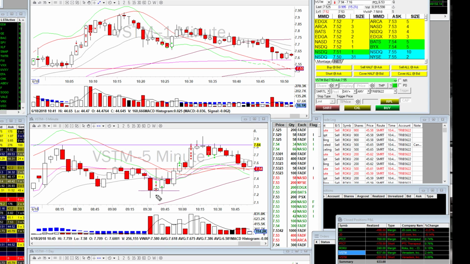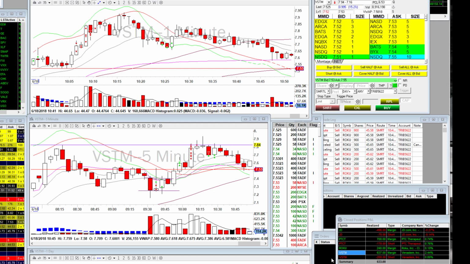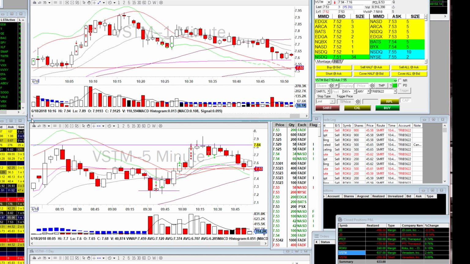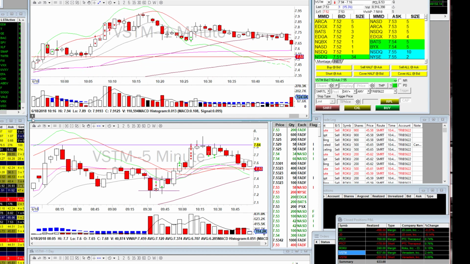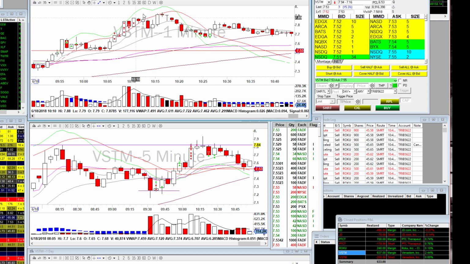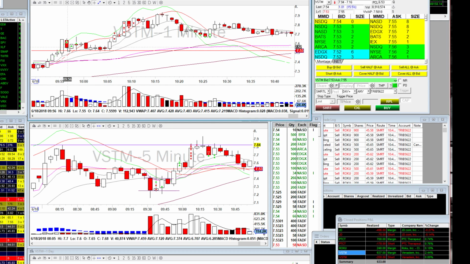After that, I sort of watched the stock. It broke VWAP, and then it also broke most of the moving averages. So over here, it broke the moving averages as well.